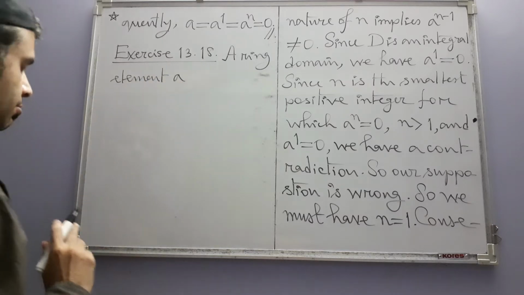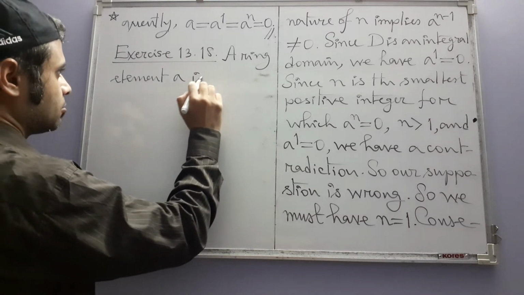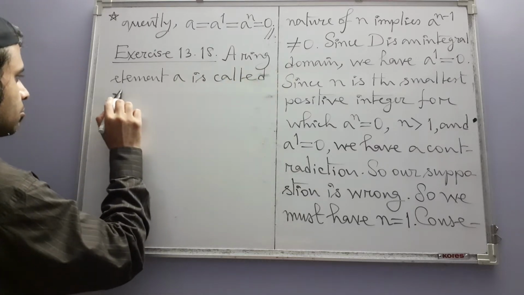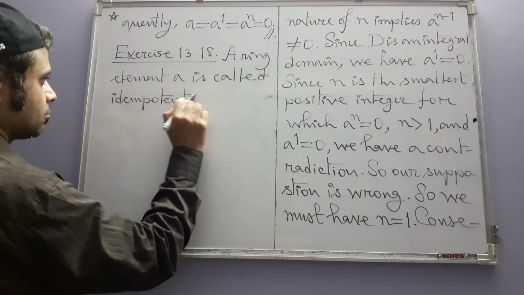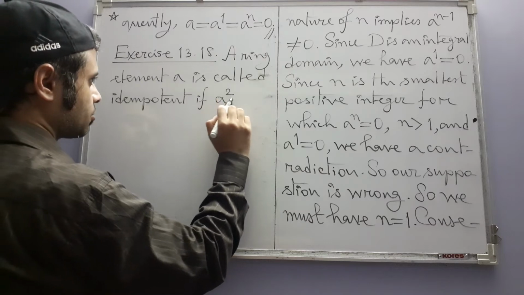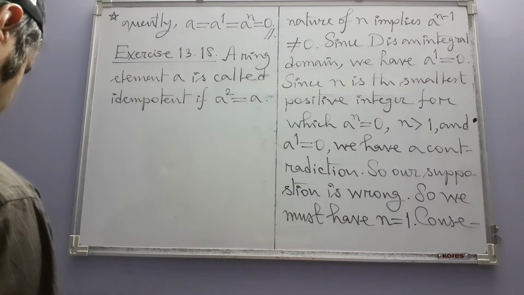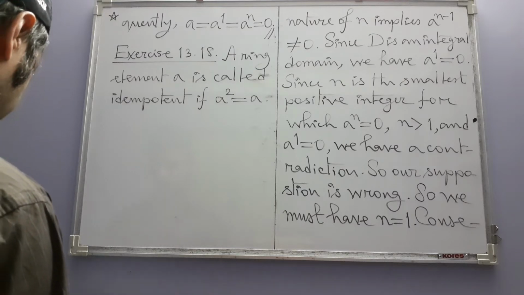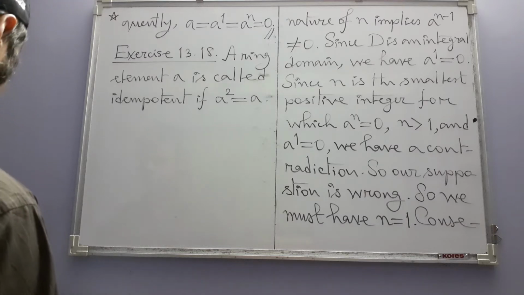A is said to be idempotent if a square equals a. Prove that the only idempotents in an integral domain are 0 and 1.